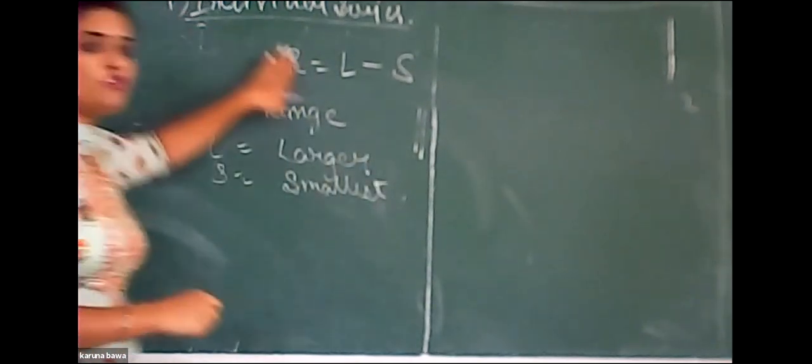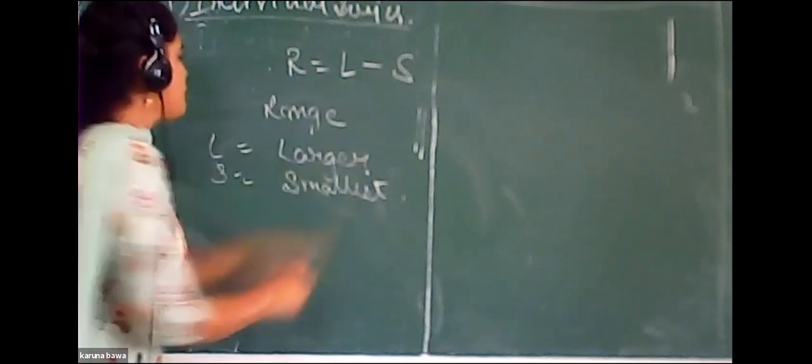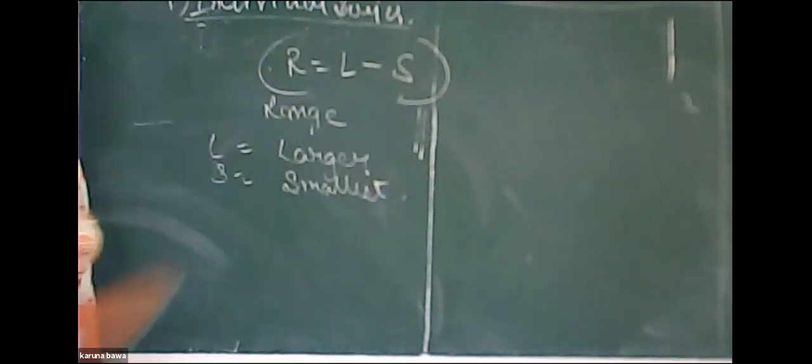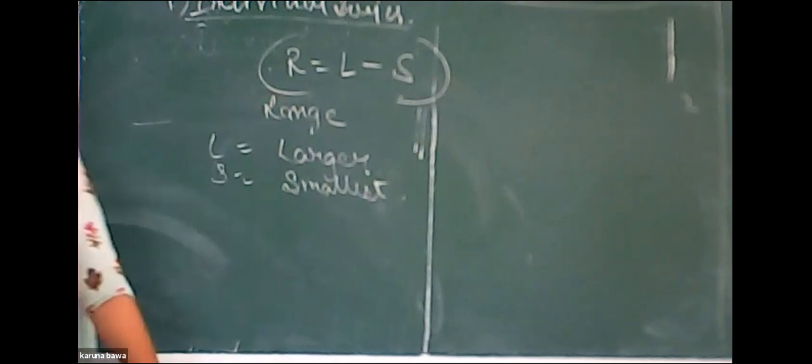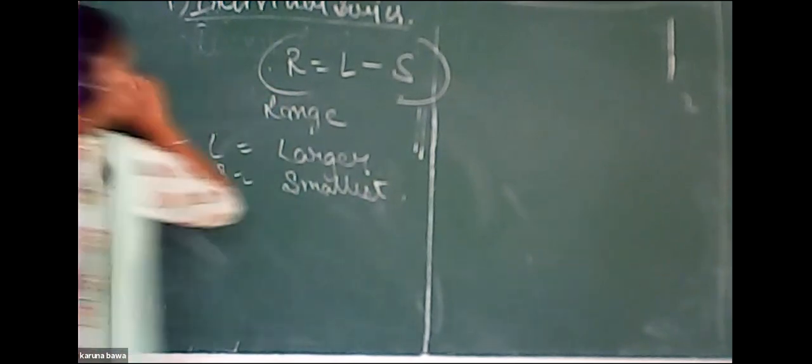This is the formula of range in the individual series. Now for the example: five students obtain the following marks in statistics.